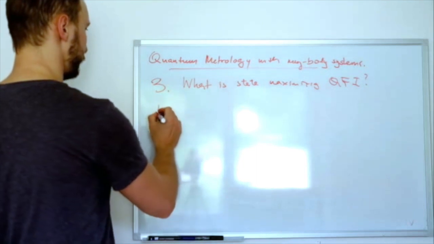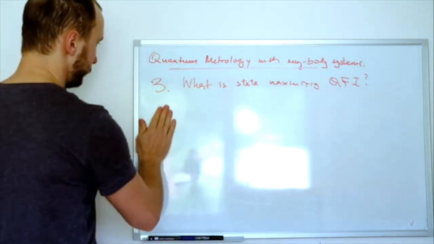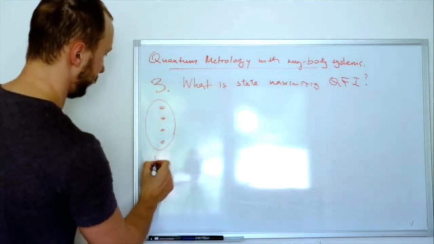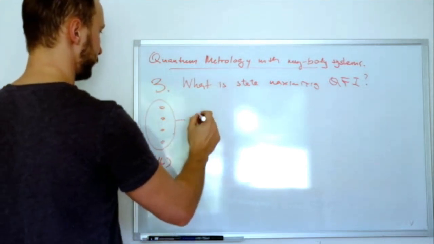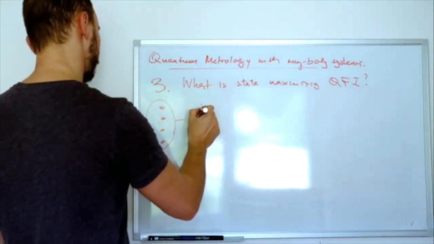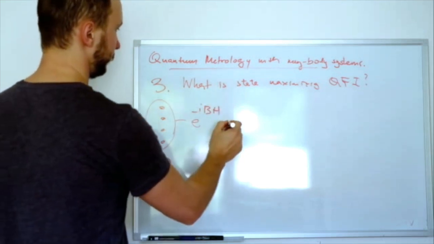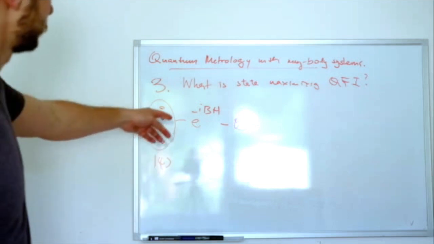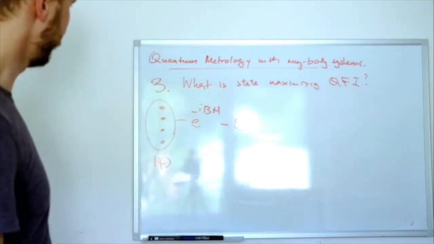Because, okay, I make the drawing again. So now we have our probes, right? We can prepare a global state psi, and this will just interact with the global Hamiltonian. And then we have a global measurement. All right.